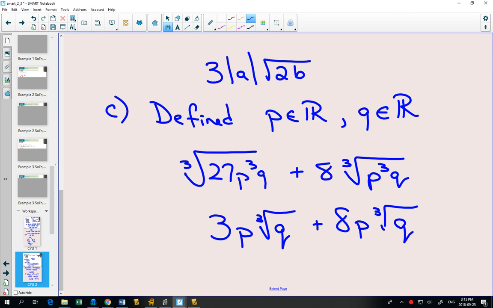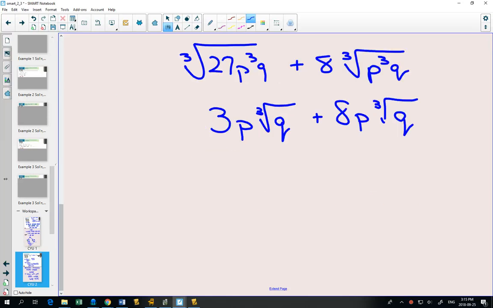Are they like radicals? And are they like terms? I have 3 p cube root q. Oh, say that really fast. P cube root q plus 8 p cube root q. Putting those together, you will have 11 p cube root q.